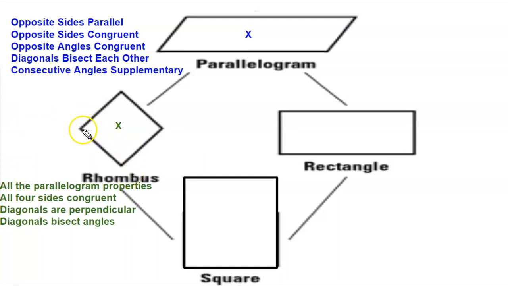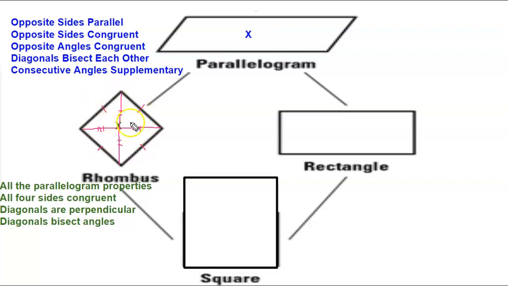For example, if we have a rhombus, then we know that all four of the sides are congruent to each other. But because it is a parallelogram, we also know that the diagonals bisect each other. So these two segments are congruent, and these two segments are congruent.